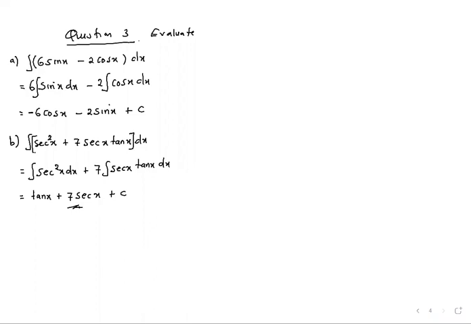Okay, we go to C. C has the integral of 6 cosec squared x minus 2 sec squared x dx. So here, again we separate. So this is 6 times the integral of cosec squared x dx minus 2 times the integral of sec squared x dx. For the integral of cosec squared, let's check.